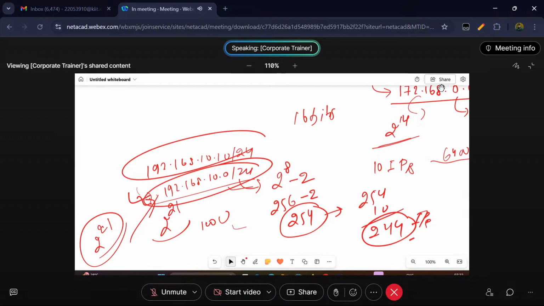Okay, have I taught you the CIDR, classless inter-domain routing, method for calculating the subnet mask and the value? Suppose I give you different CIDR values, can you calculate the subnet mask? Like suppose I have values like /8, /9, /10. Can you calculate the decimal equivalent?